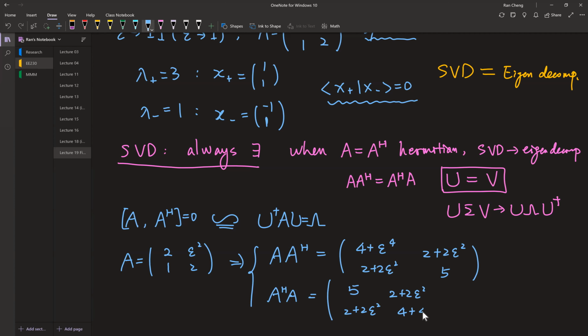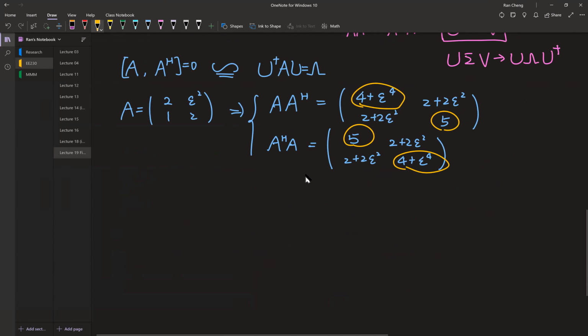It's easy to observe that the diagonal elements switch order when we compare A Hermitian A and A A Hermitian, right? So unless epsilon equals 1, this condition is not met, right?